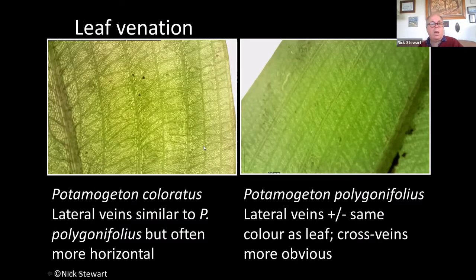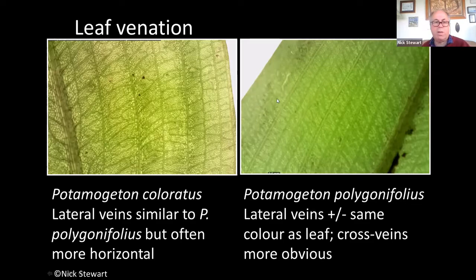Another thing between coloratus and polygonifolius: they both have these obvious cross veins. In coloratus, it's quite a subtle difference. The cross veins tend to be more horizontal by the time you get to the edge of the leaf, whereas in polygonifolius they tend to be still a little bit ascending.